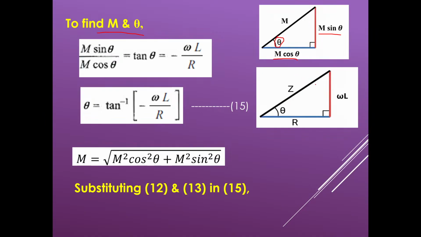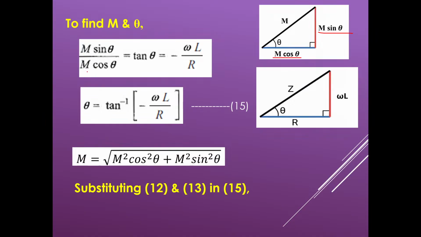Similarly, I have considered one more triangle, which is known as the impedance triangle. This impedance triangle is for the RL circuit. The base is R, opposite is omega L, and hypotenuse is Z. So for the first triangle, m sin theta is the opposite, m cos theta is the base.